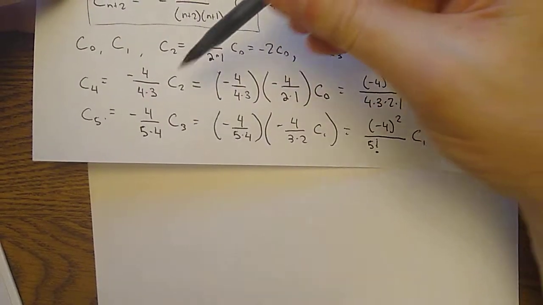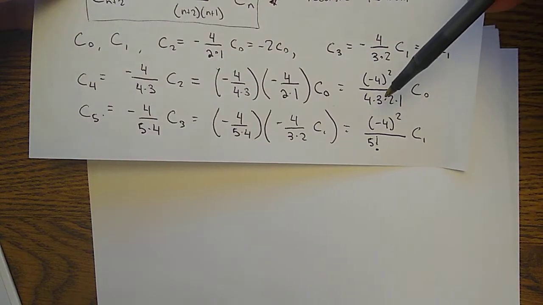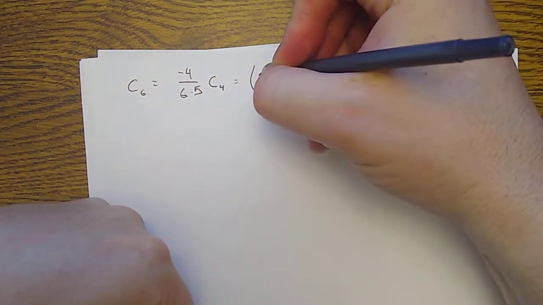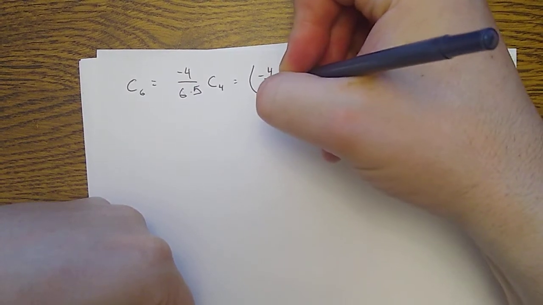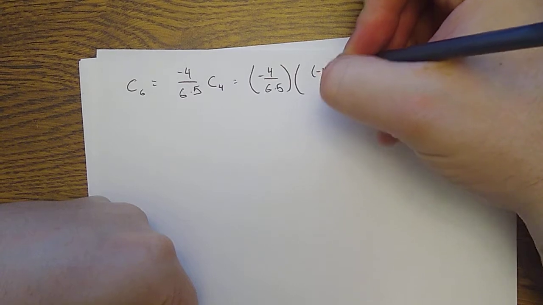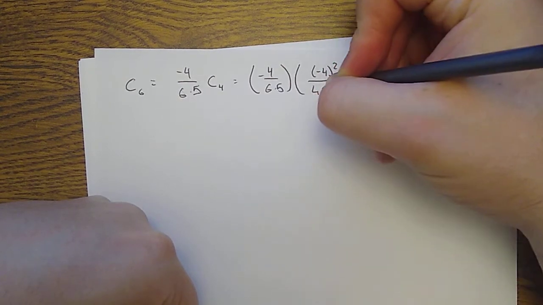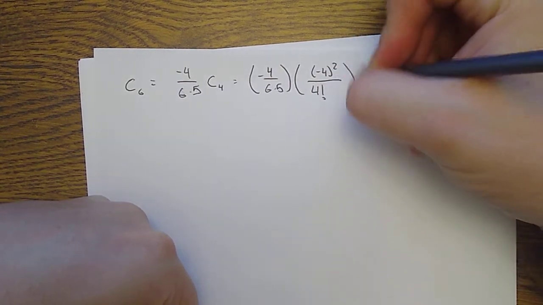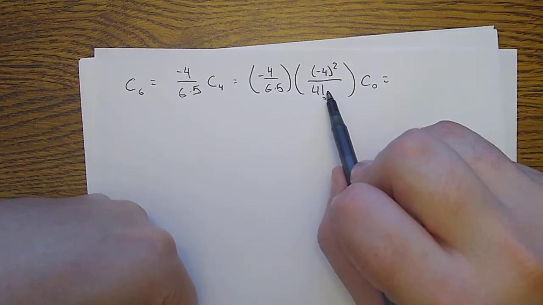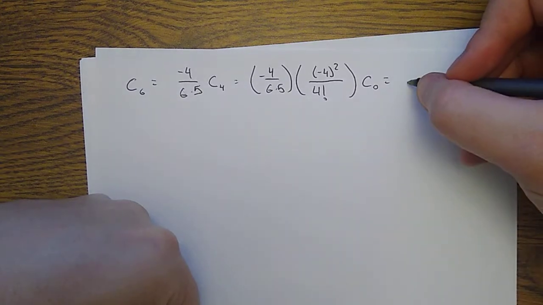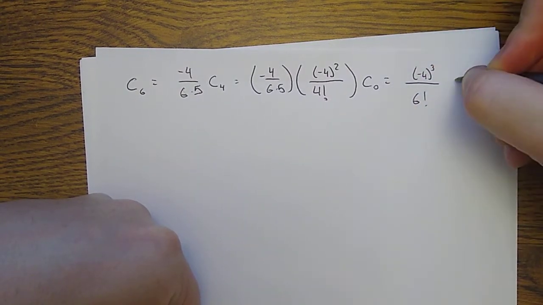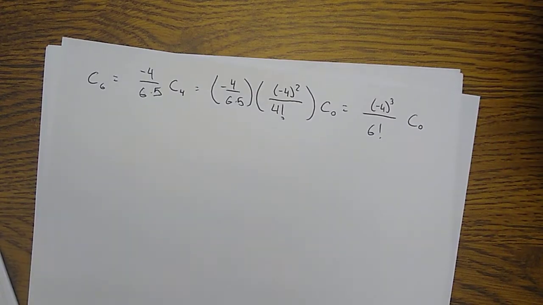And then I can replace C4 with this, which is negative 4 squared over 4 factorial times C0. And then what is 6 times 5 and then 4 factorial? That would just be 6 factorial.